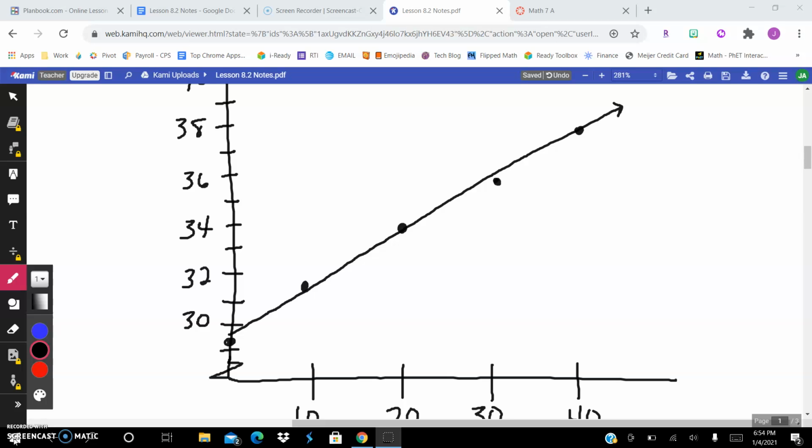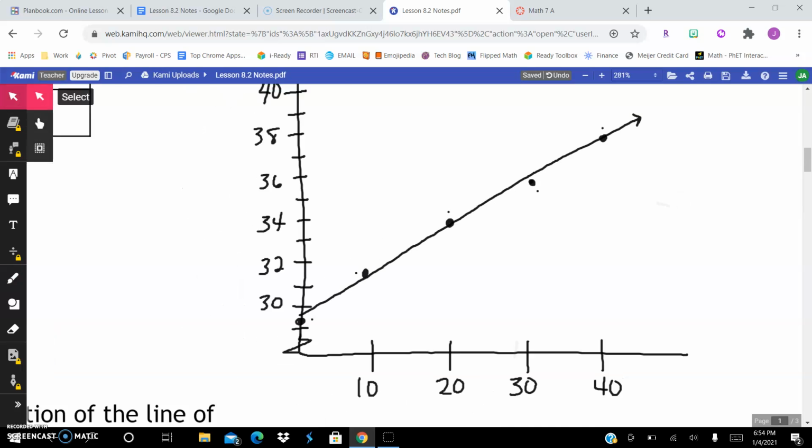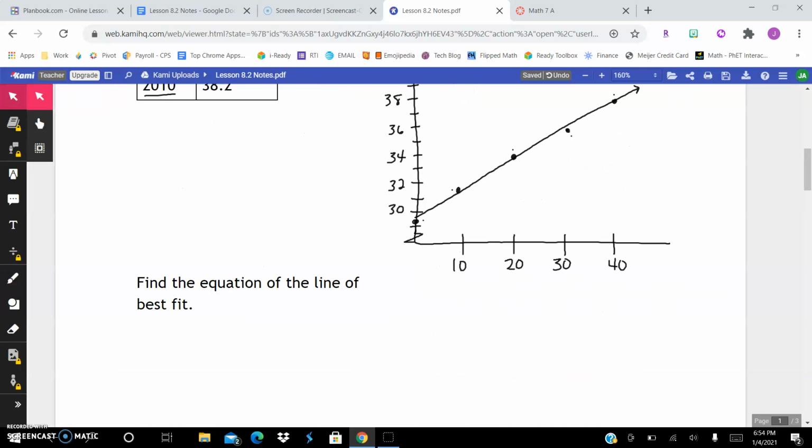As you can see, we have this dot down here is underneath. We have one above, it's going through this one. This one is underneath, and it's going through this one. So we have 2 underneath, 1 above, and it's going through 2. So that's pretty close. So for our next step, we have to find the equation for this line.